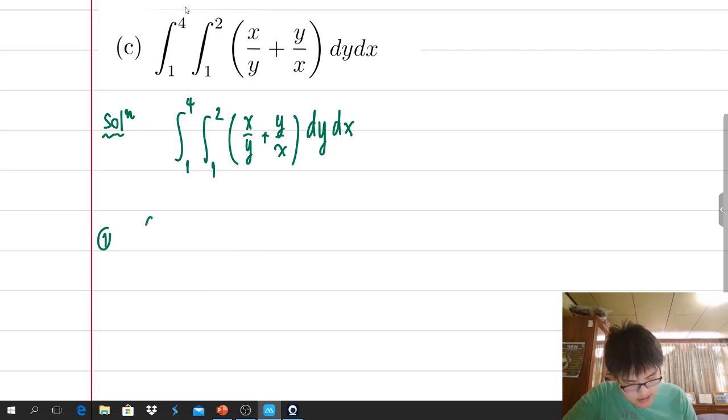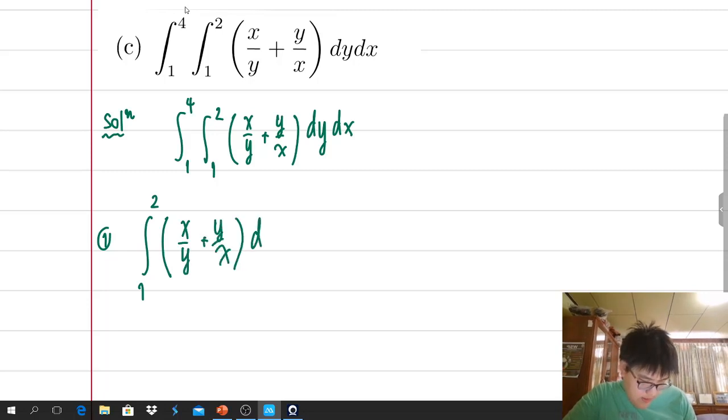this one is the integration from 1 to 2 of x over y plus y over x with respect to y. And then I tell you, the variable that is not with respect to in this step will be a constant. You look at this, with respect to y, this means x will be a constant. And how to do next? We will take the integration separately.